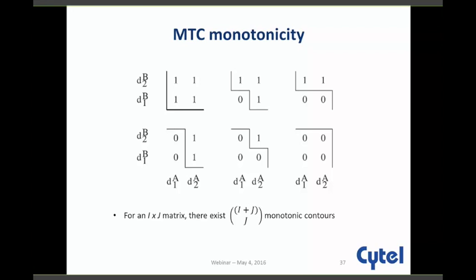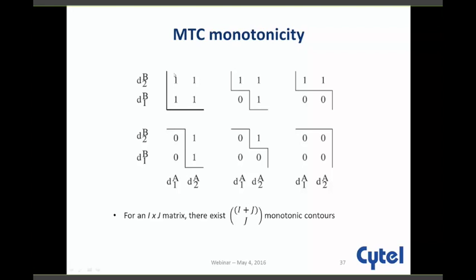Each contour is represented by a binary matrix, which indicates whether the doses are going to be above or below the contour. Zeros denote probability of toxicity below the target level, ones the probability of toxicity above the target level. So in a general I by J matrix, there will exist (I+J choose J) such monotonic contours.